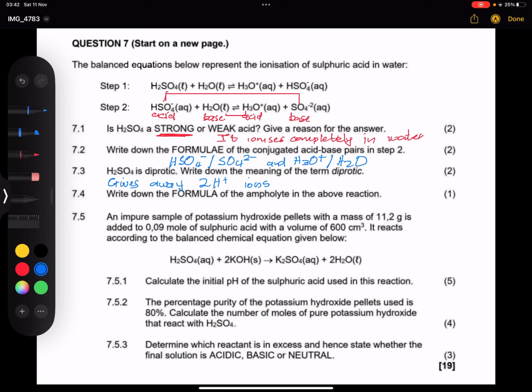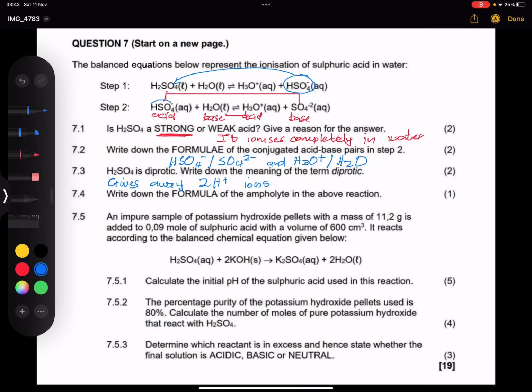The next question says write down the formula of the ampholyte in the above reaction. Now, what is the ampholyte, or which substance behaves as an ampholyte? You'll see that in reaction 1, if you take the reverse reaction, HSO4 minus gains a proton and becomes H2SO4.